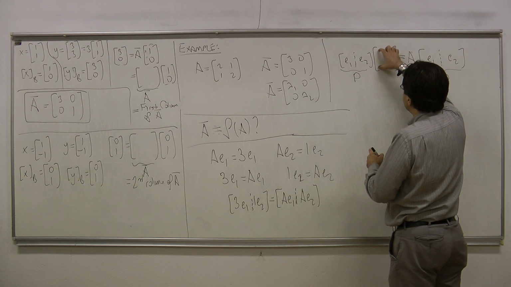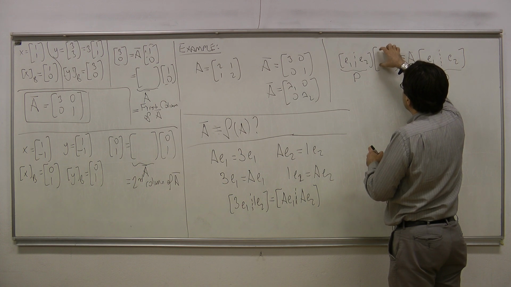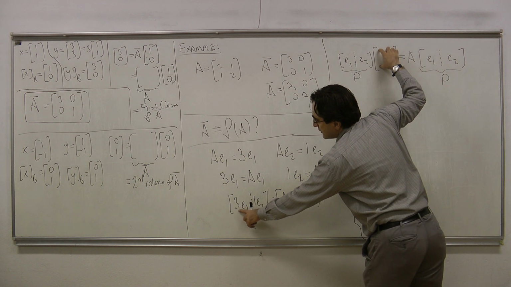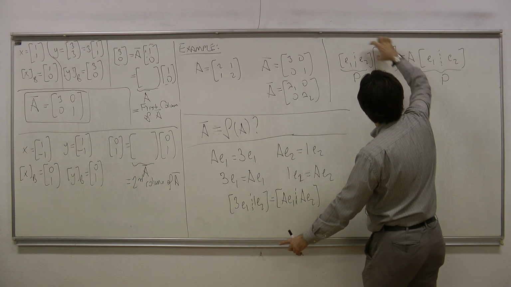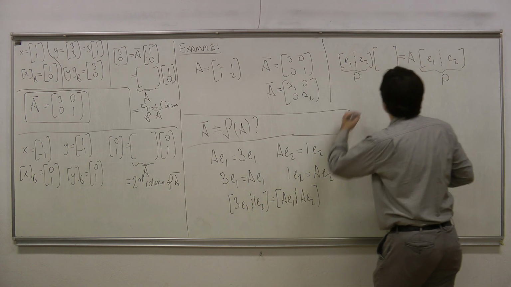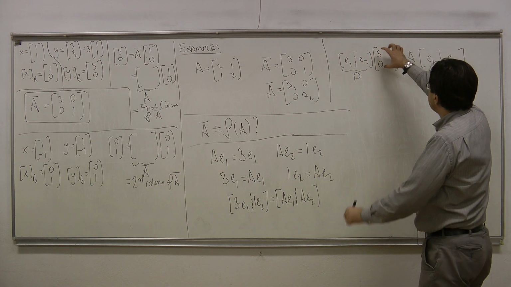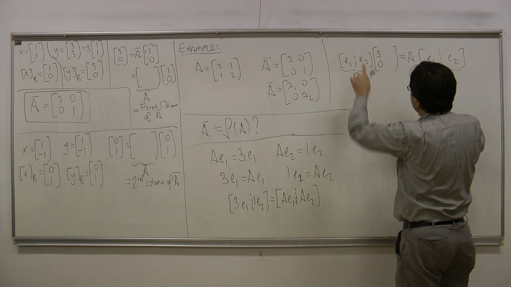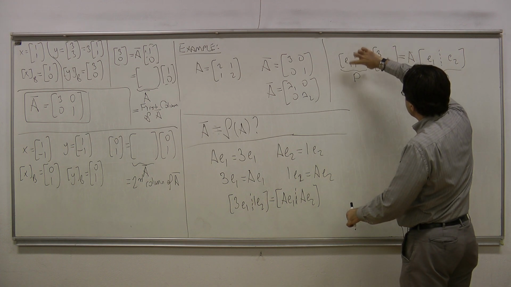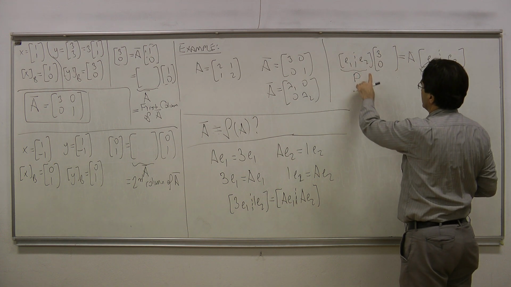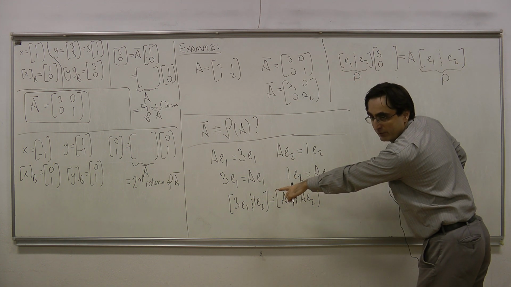So I need to put such coefficients in the columns that the result of the multiplication is going to be 3E1. So here I need to put coefficients 3, 0. Why is that? Because the first column of this multiplication would then be 3 times E1 plus 0 times E2, and that would be 3E1.